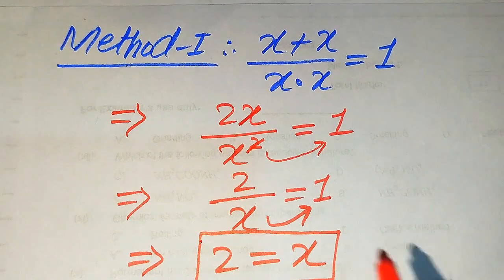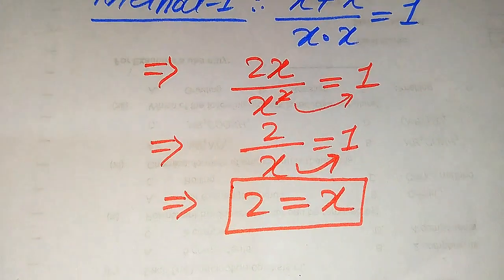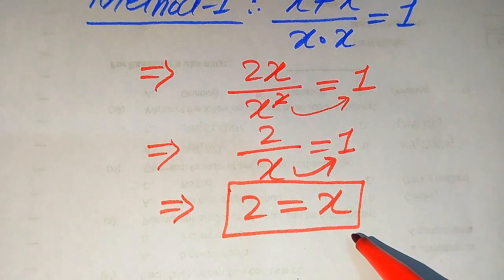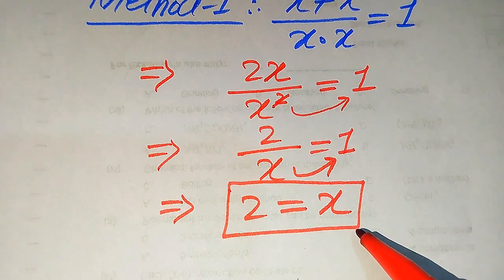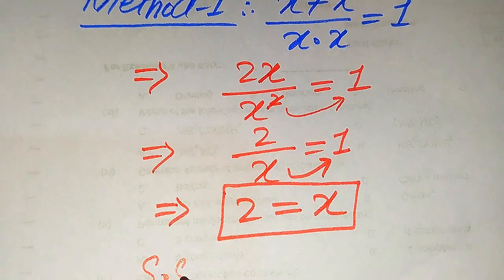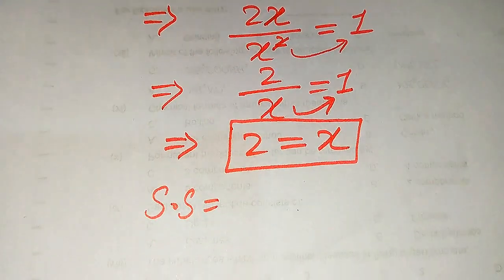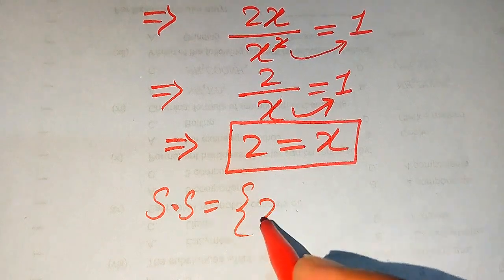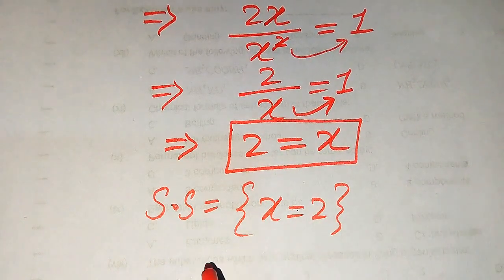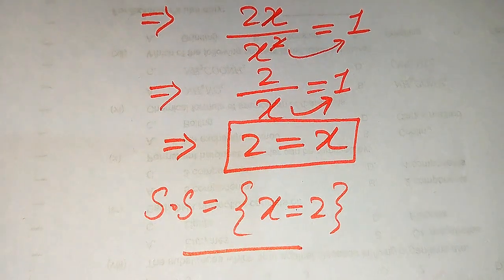This is the value of x which we get from the second method, and already in the first method we verified this value of x, and you see that it satisfies our given question statement. So our final conclusion is that the solution set of this question is x is equal to 2. This is the only solution of the given question.